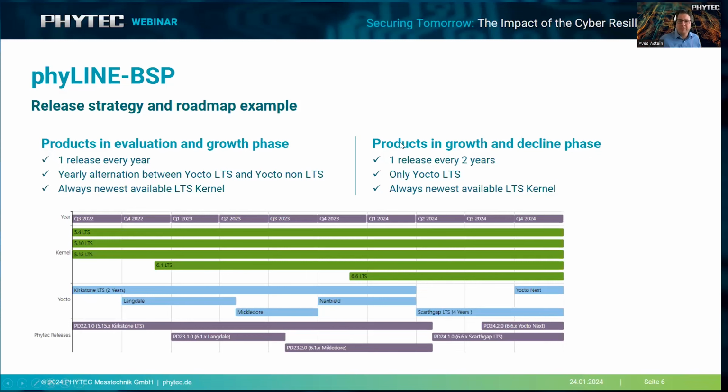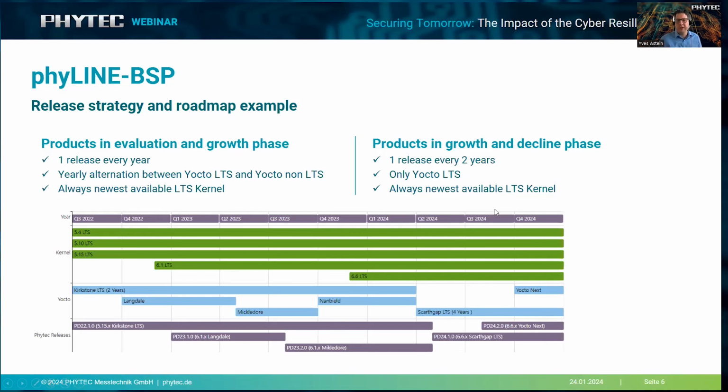But the products that are then going out of the growth phase and going into the decline phase don't need the latest releases and features, because there's no new designs, but they need a stable and continuous update mechanism to continuously get their security vulnerabilities fixed.